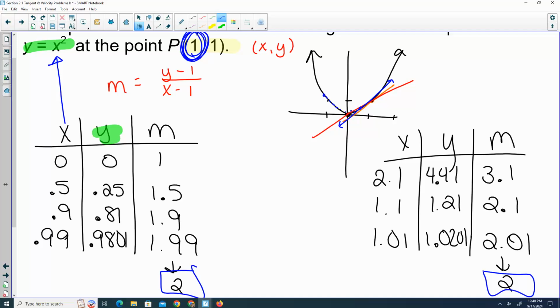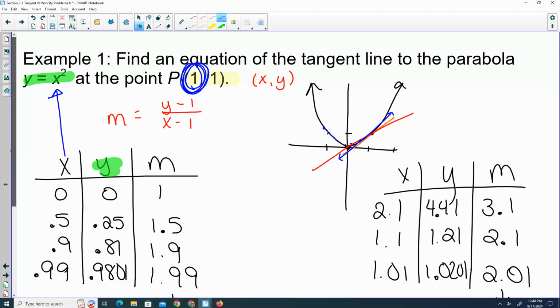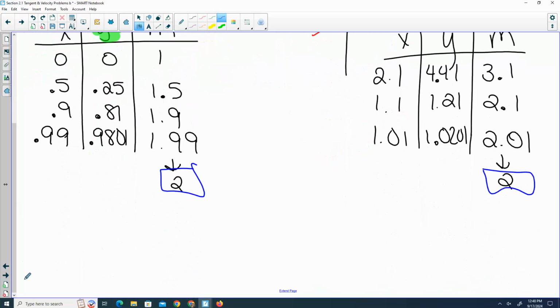So all of this is because we really don't know how to find the slope of the tangent line, but we're trying to give it our best guess. Are we feeling pretty confident right now? Looks pretty good. And I asked you to write the equation. So now we know the point is 1, 1, and our slope is 2.